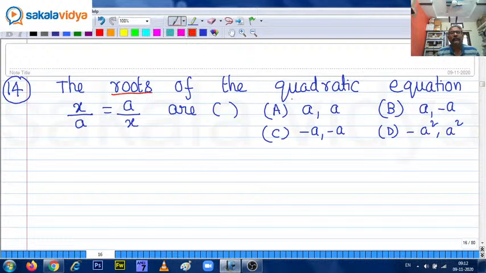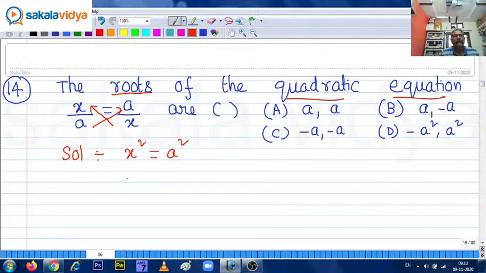The roots of the quadratic equation x upon a equals to a upon x. So just cross multiply. After cross multiplication we get x square equals to a into a, that is a square. Now x equals to square root of a square, whose value is plus or minus a.